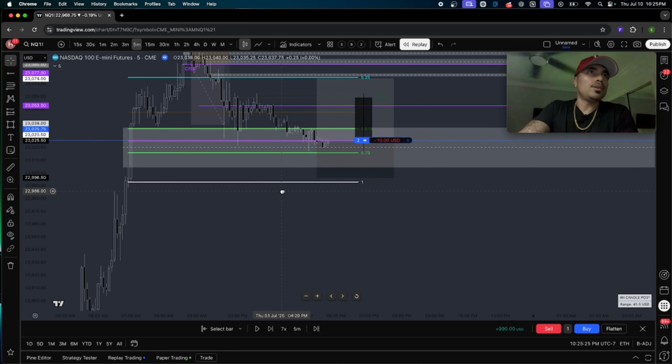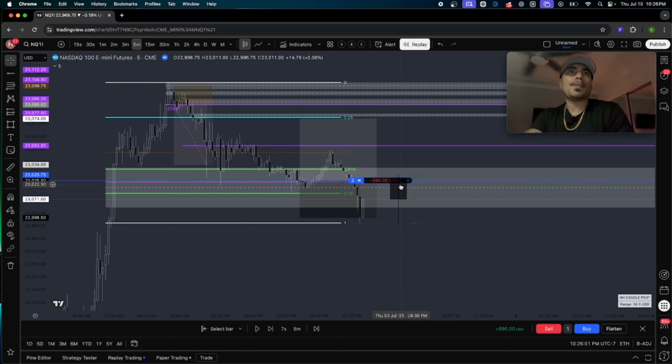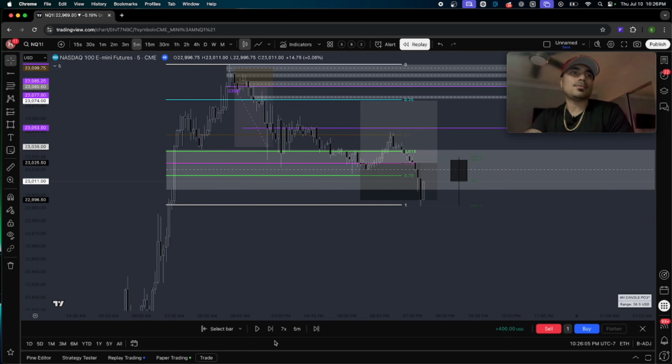But I do think we're gonna disrespect this OTE zone, even though we're getting a good reaction. God. Hold up. Oh yeah, we're out of there. Okay, so let's say we closed out right there. Negative 590. We don't even care what happens next after that because our play is low-key invalidated after that.